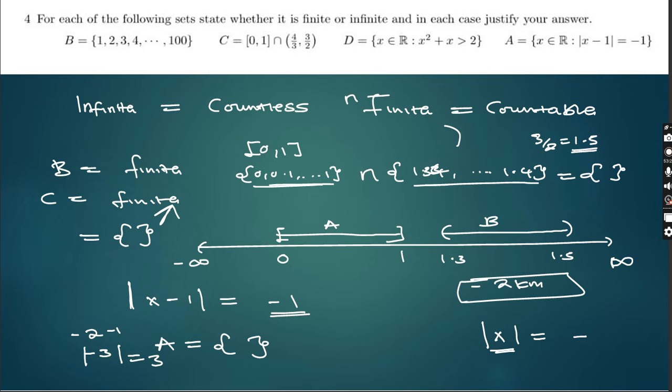So from now, just understand that we can't have a number inside the modulus which can give us a negative. Because this contradicts the fact of the modulus functions, the set A is an empty set, meaning we don't have a number which we can put in x there to have -1. So it is an empty set, and an empty set is a finite set, okay. So even our set A is a finite set.